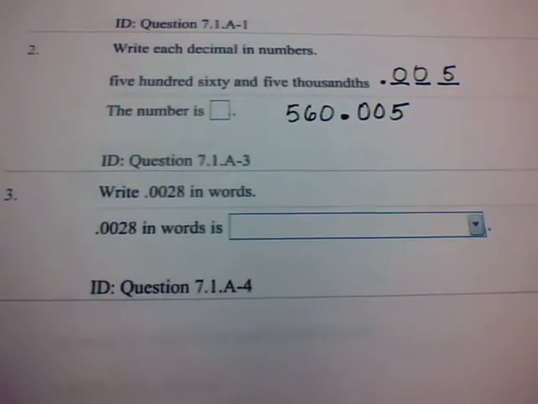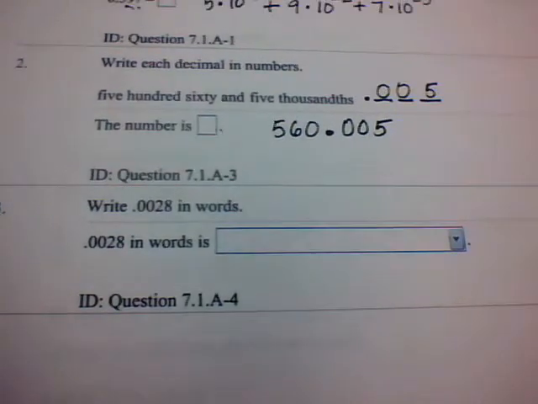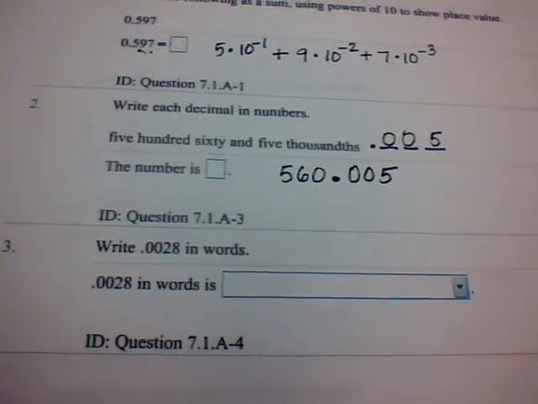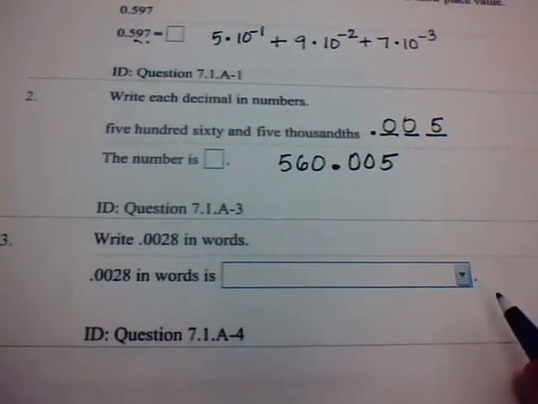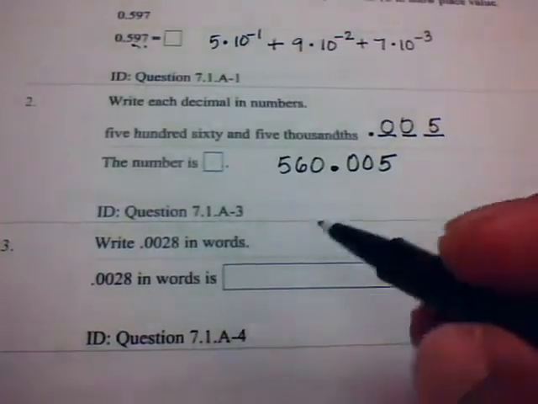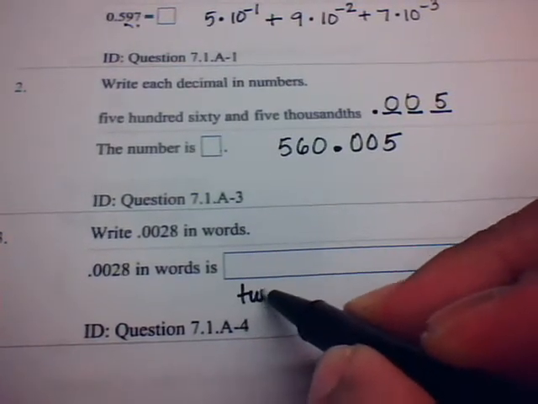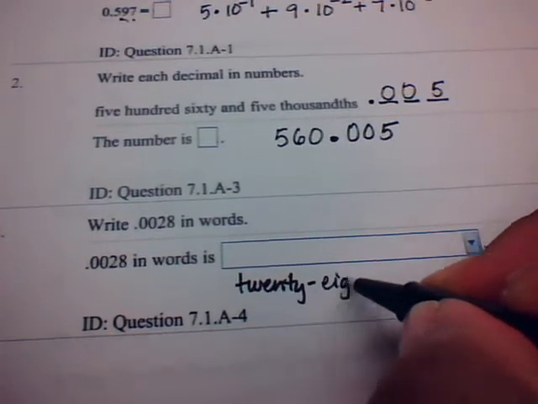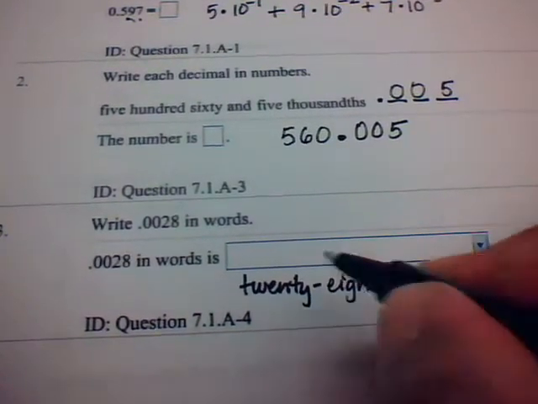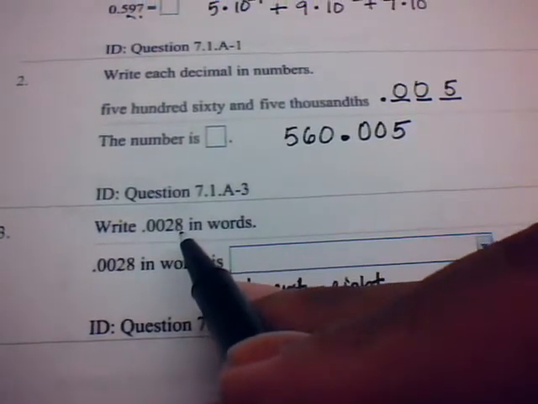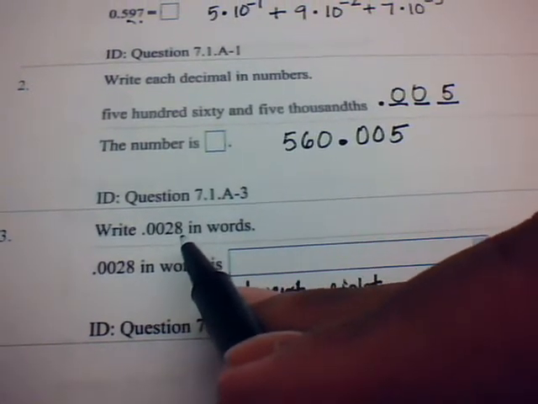All right, number 3 is to write 0.0028 in words. Now here they're going to give you a choice from the drop-down menu to choose from. But in this case, we would read this number as the number 28. So we write 28 in word form. And 28 will have the name of the place value position that the last digit is in.